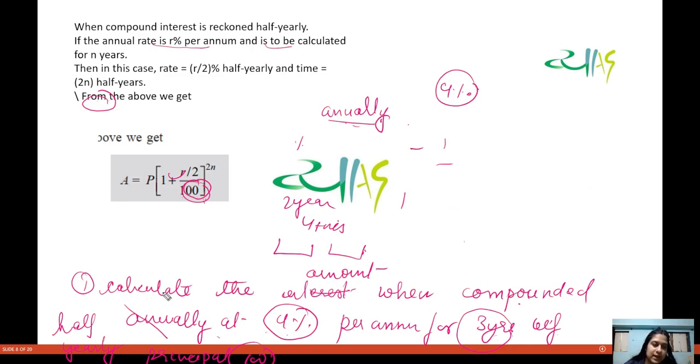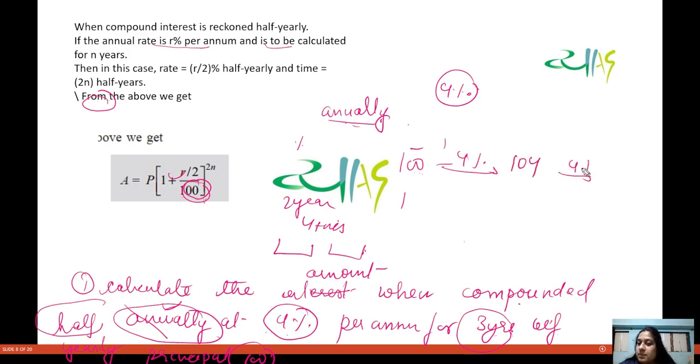How we will calculate? I am now talking about annually, and then we will take half yearly as well. But look at this, this calculation is not easy. But if I do this, 4% of 100 is what? 4 rupees. So now the amount becomes 104, and 4% of this 104 is what?